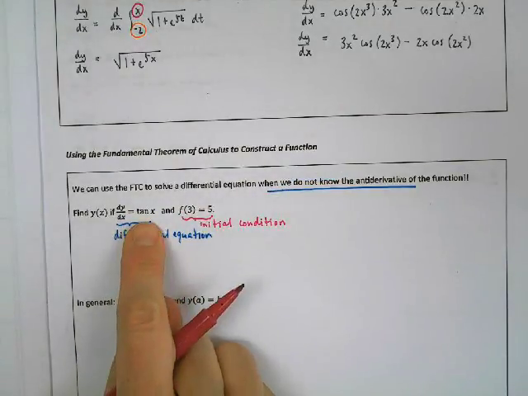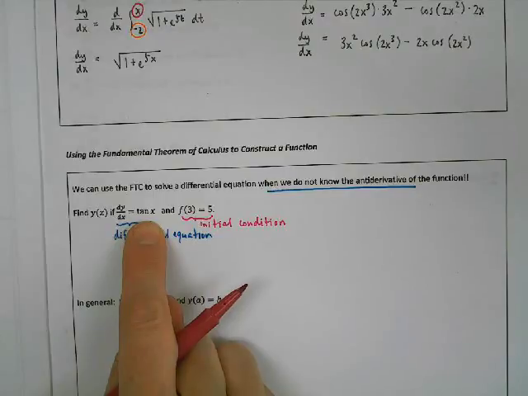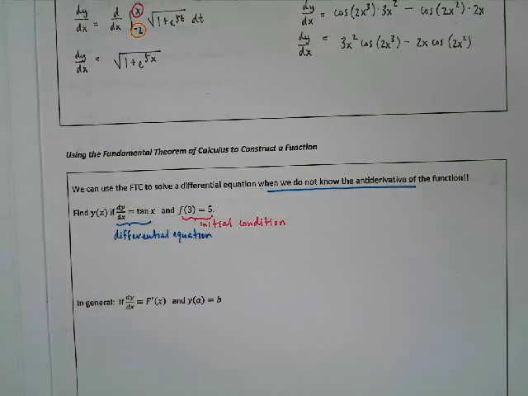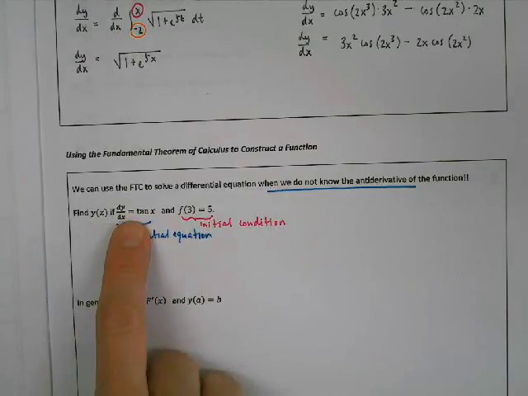So if our differential equation were easy to antidifferentiate, this would be a pretty easy problem. But we don't really know a function whose derivative is tangent of x, so it makes it trickier. So here's what we want to do. I know if I wanted to solve this differential equation, I would need to integrate tangent of x.